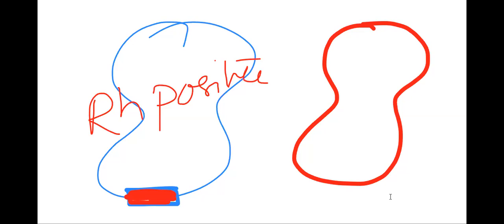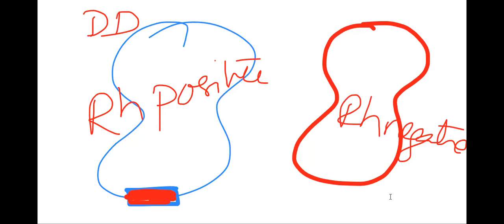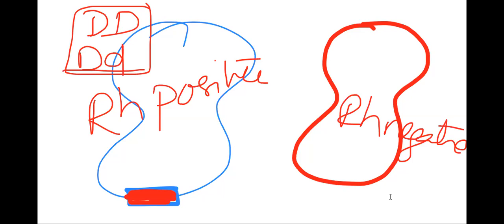Those who don't have the Rh factor, we call Rh negative. Their genetic format can be shown like this: capital D capital D, or capital D small d. That means it is available in the dominant homozygous form and the dominant heterozygous form. Here, in the negative, it is available only in the recessive form, small d small d.